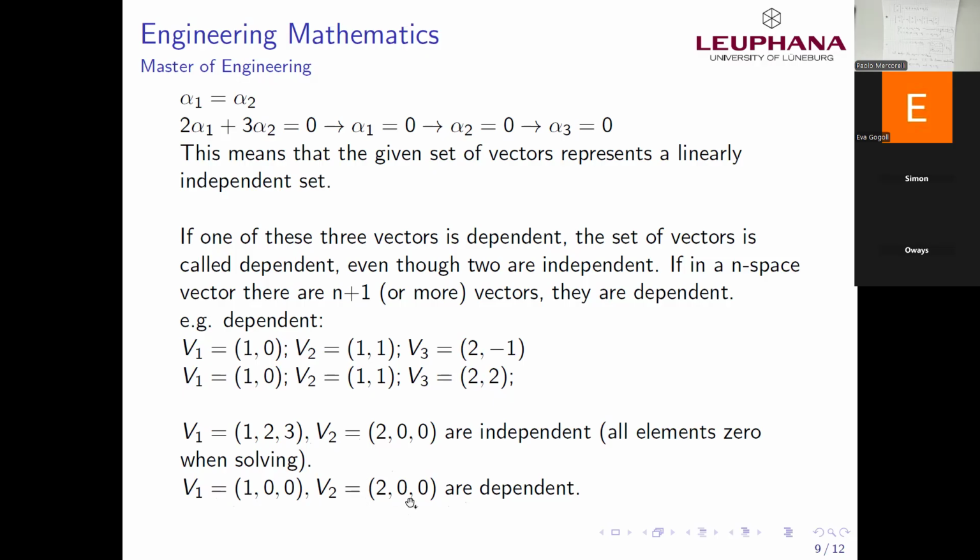I don't know if it's visible here. Here we can understand from this: V1 equals 1, 0, 0 and V2 equals 2, 0, 0 are dependent because, to annihilate the sum of V1 and V2, we find a condition.